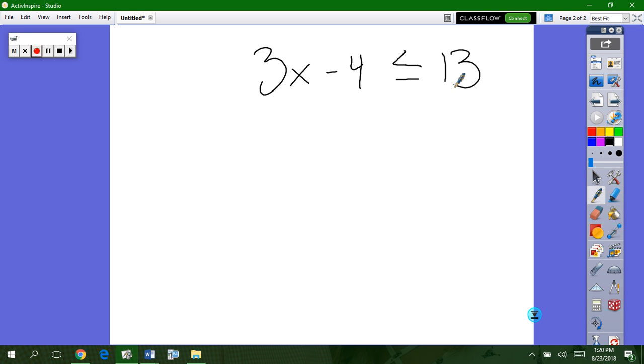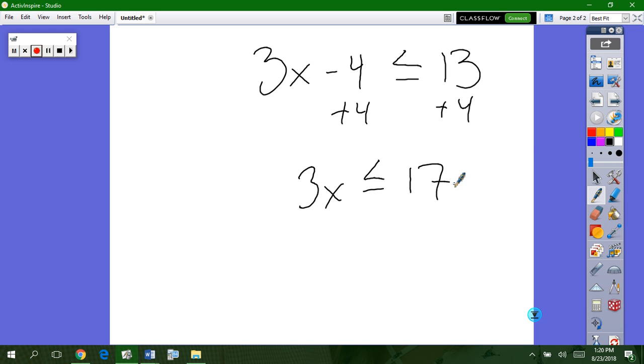Okay, so treat this just like an equal sign. How do I solve this? Add 4. Good.